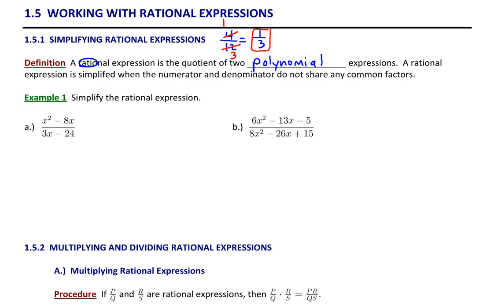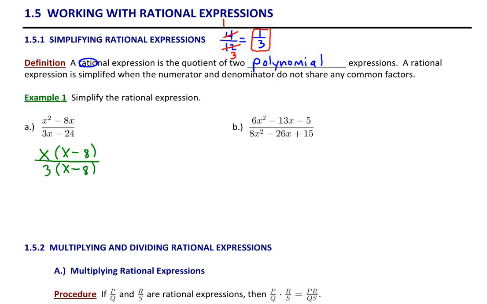Looking at the numerator, we can observe there's a greatest common factor of x. So I'm going to factor out an x from the first two terms in the numerator. That leaves behind x minus 8. Also in the denominator, we have a greatest common factor of 3. So if we take that out of the denominator, that leaves behind the factor x minus 8.